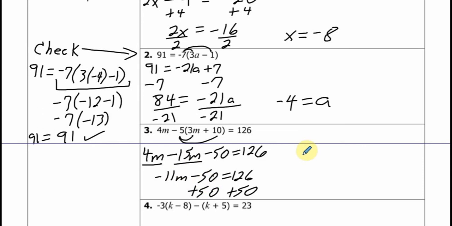All I have left is negative 11m equals 176. Last step, divide. All right. Negative 11 divided by negative 11 cancels out. M equals 176 divided by negative 11 is negative 16.